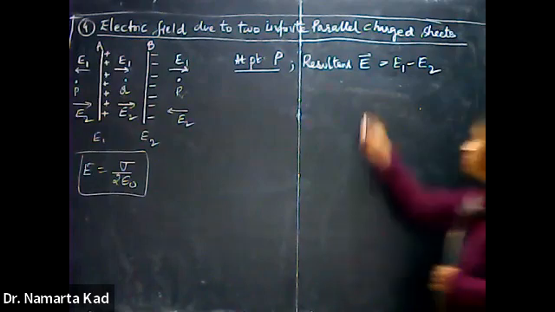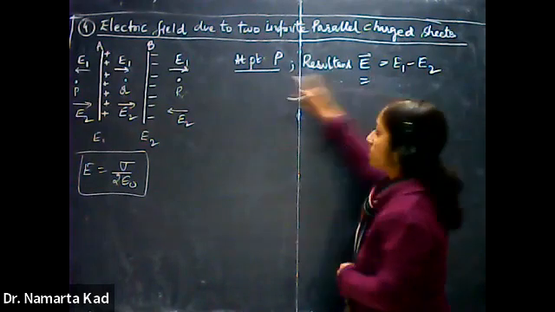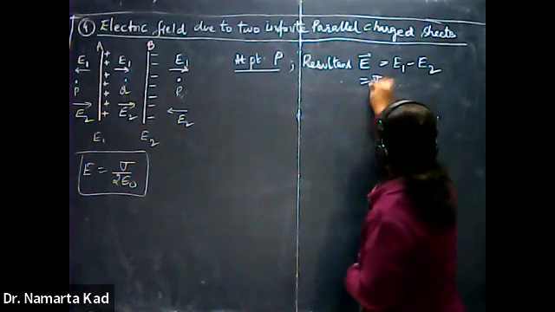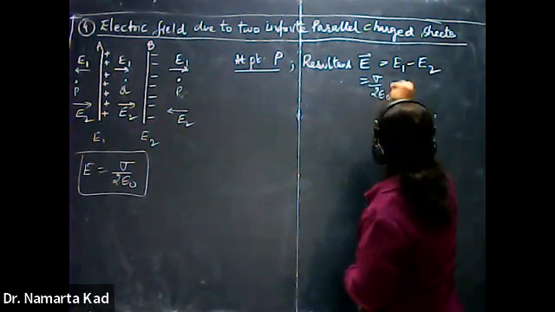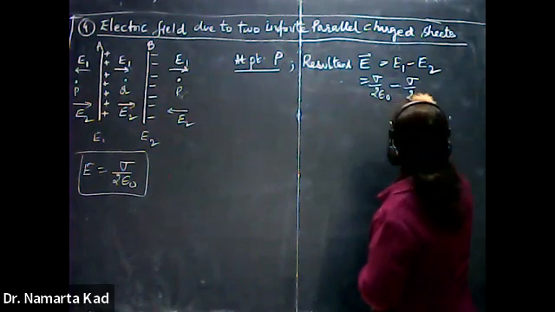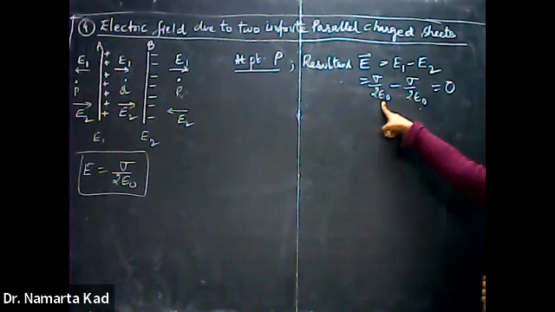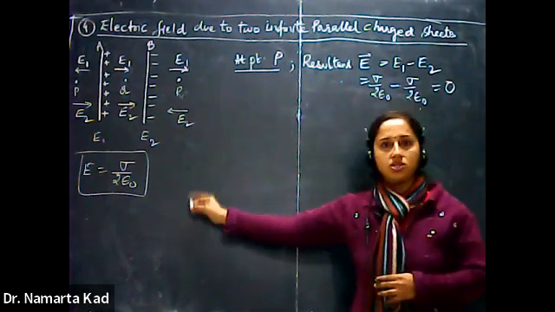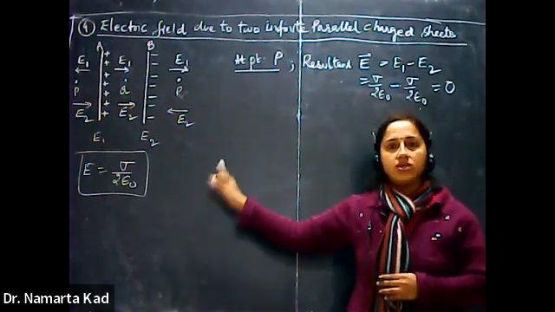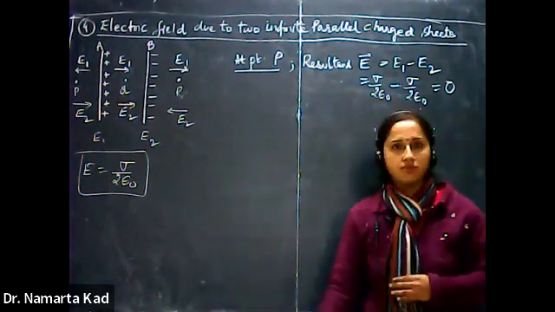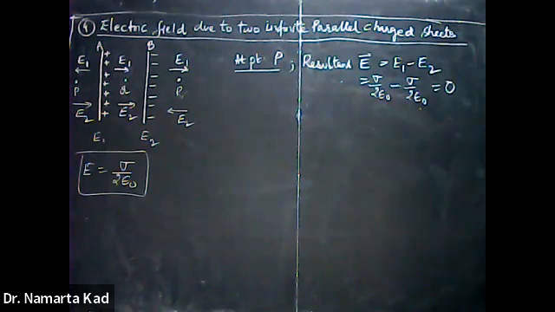Now simply applying the formula for the surface charge distribution, sigma by 2 epsilon naught minus sigma by 2 epsilon naught, it comes out to be 0. This formula we derived in our last application for when the charge is distributed over any sheet.